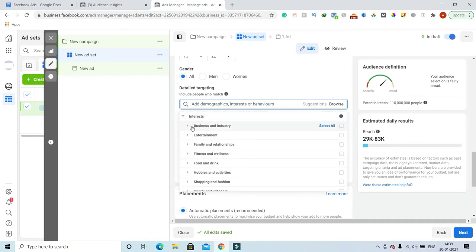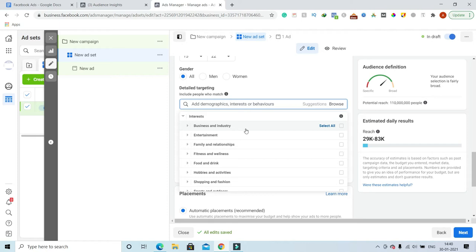Next comes the interest. Now this is very crucial. By monitoring the person's activity on Facebook, that particular person has been categorized into some particular interest, and these are the signals which that person has given to Facebook based upon his behavior. So what kind of things he's buying, what kind of pages he's interacting with, what kind of videos he's watching.